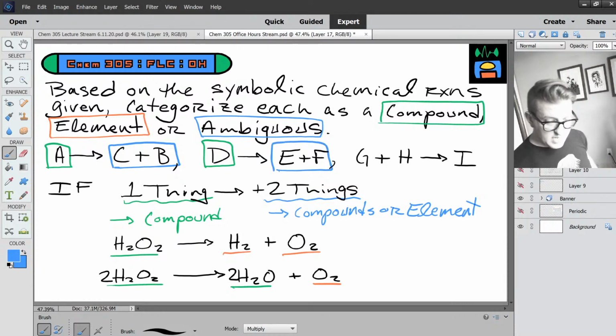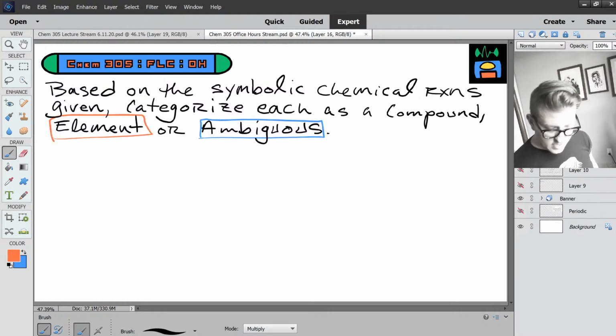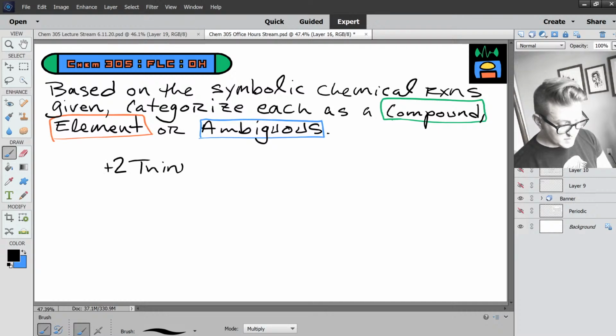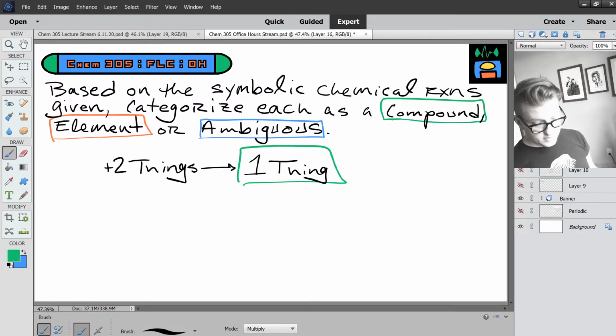All right? Now, in addition, if you have a reaction where two or more things combine to make one thing, you know that that one thing is a compound.